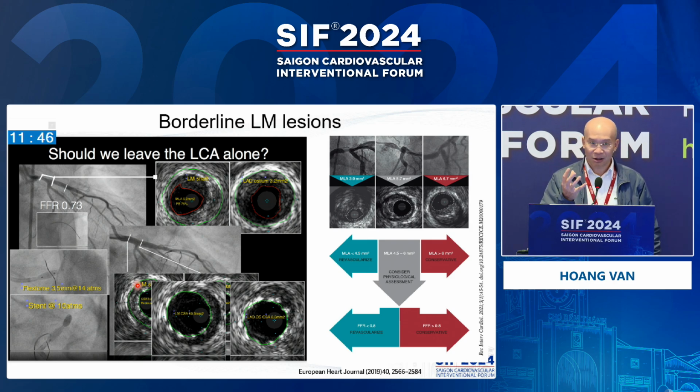But in the gray zone, where the minimal lumen area ranges from 4.5 to 6 mm squared, we have to use FFR or iFR to check whether the stenosis is significant. If it is significant, the patient has to be revascularized. If not significant, we only do medical treatment.